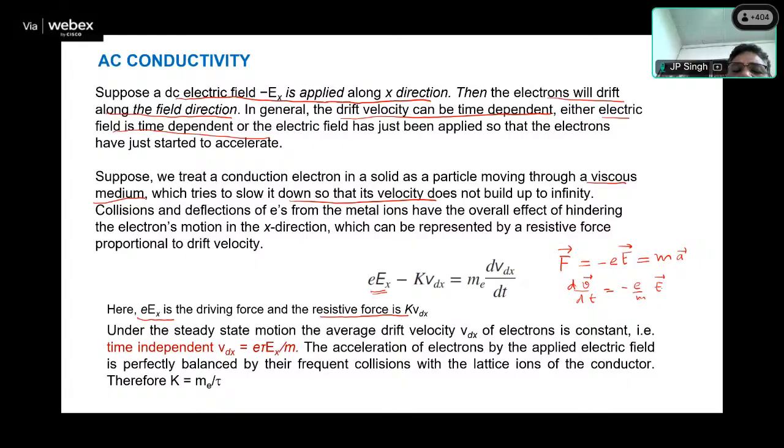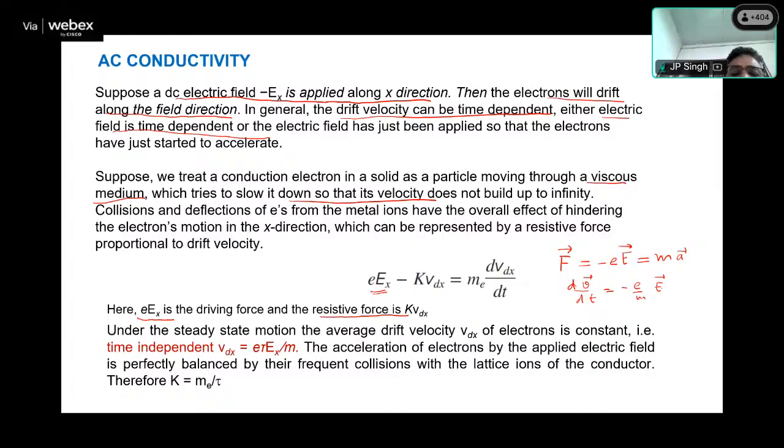I can say the resistive force is proportional to the drift velocity. Normally you also remember drag forces are proportional to the velocity itself. So this will be my equation of motion: minus e E_x minus k v_dx equals m times a, the equation of motion for the electron which is moving in the solid.